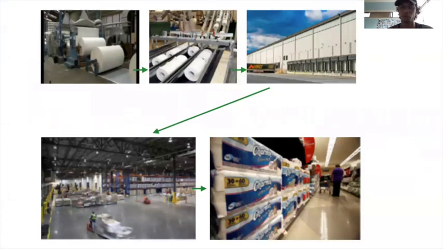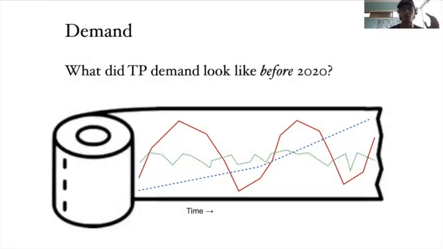These are sent to the wholesalers and the people who have warehouses like Amazon, and then sold to the retailers, and are available to supermarkets or the DMarts and all the other superstores we have around the city. So what exactly happened with this toilet paper situation in COVID-19?